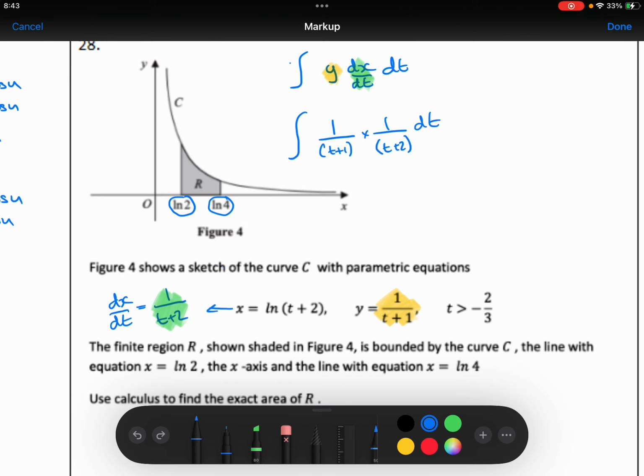If I say that ln2 is equal to ln of t plus 2, then clearly comparing, the 2 would have to be equal to t plus 2, so t is 0 at that point.